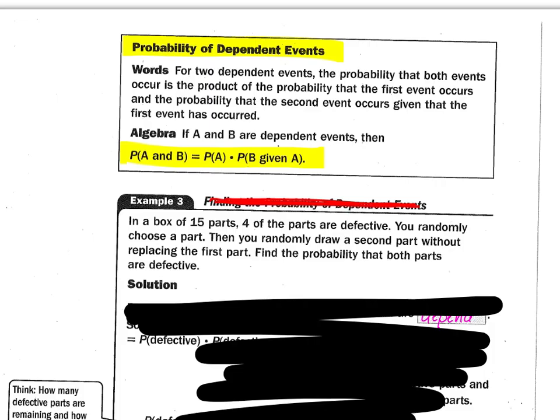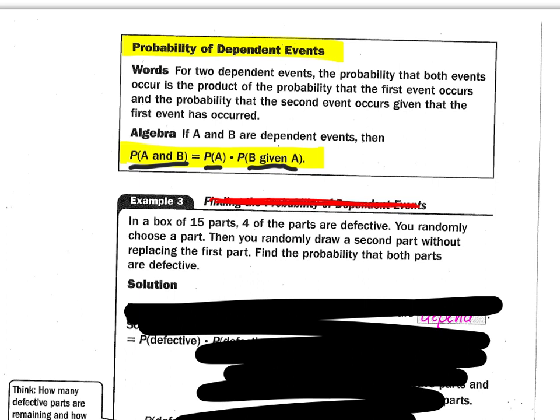So the probability of dependent events, if you want to know the probability of A and B, you take the probability of A times the probability of B given A. What does that really mean?